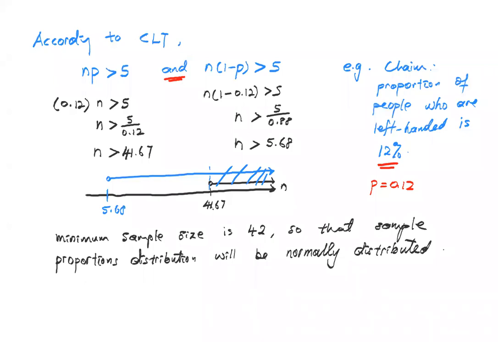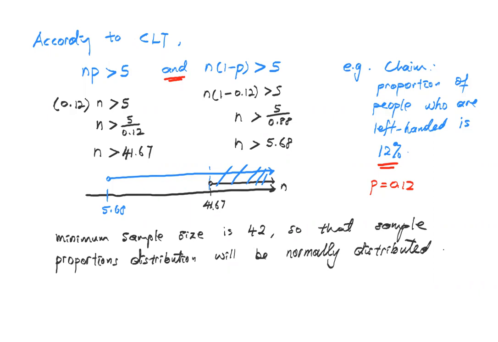This is always the criteria that you have to check, whether the sample size is large enough or not. So now, according to Gina, is her sample size large enough?